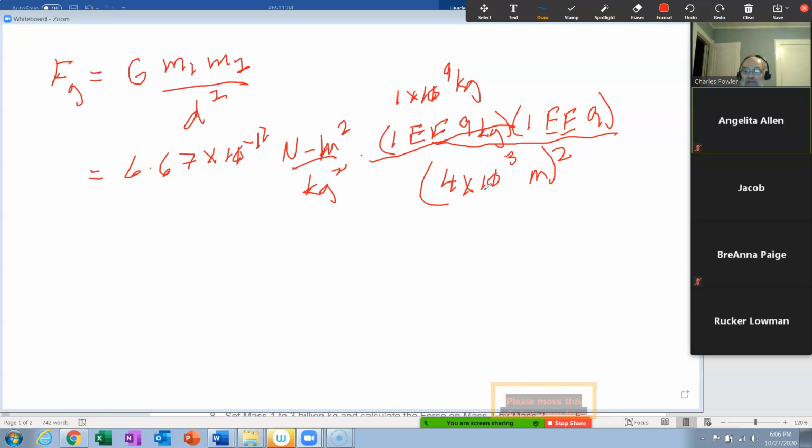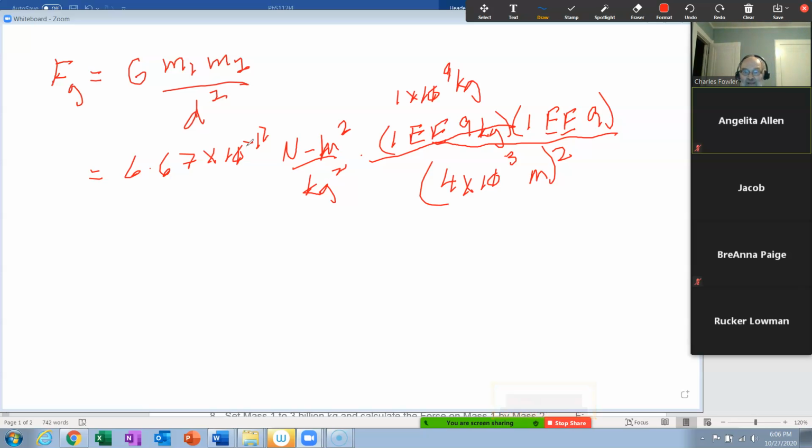Y'all know how to do this. 6.67 EE, and the EE key on my calculator is right over here. If you have EXP on your calculator, use that one. Then 11, and then I change sign and make it a negative 11.